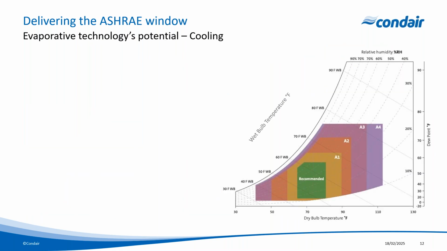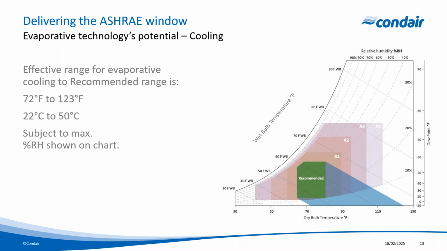So when we look at the ASHRAE recommended and allowable ranges, we can see that by expanding out the acceptable operating range for a data center, we can increase the potential use for economizer and evaporative cooling. So if you have an outside air condition that's already within the acceptable range, you can potentially operate solely on economizer mode, bringing in outside air and using that to cool the data center.